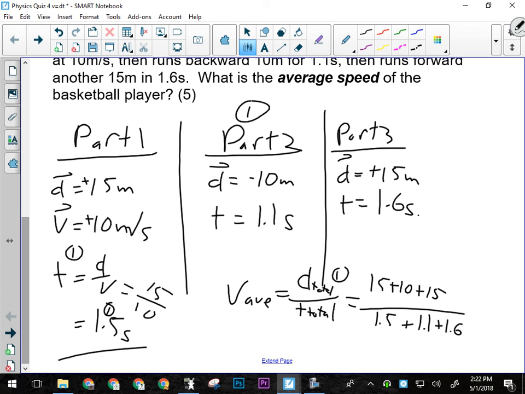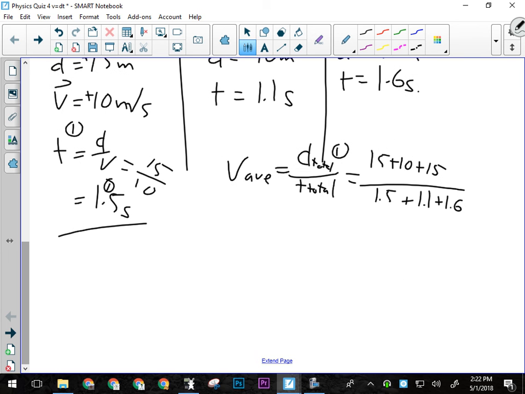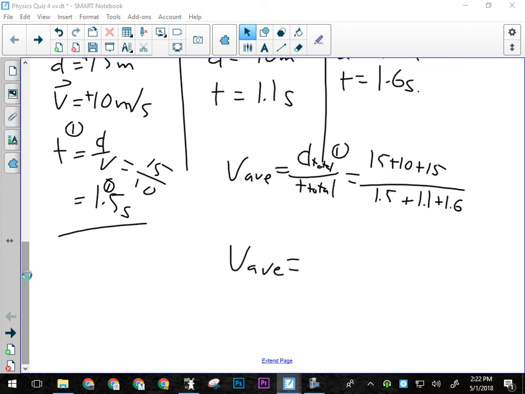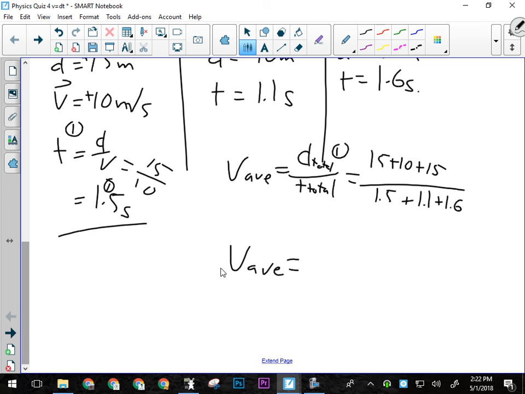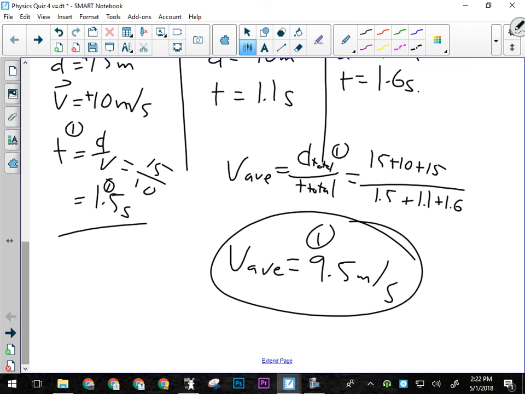Direction doesn't matter, I'm just adding them all up. It's how far I went. So when I do all of that, I'll get my average speed. We've got 40 on the top, divided by 4.2. So we're going to get an average speed of 9.5 meters per second. Fifth and final mark on that one.